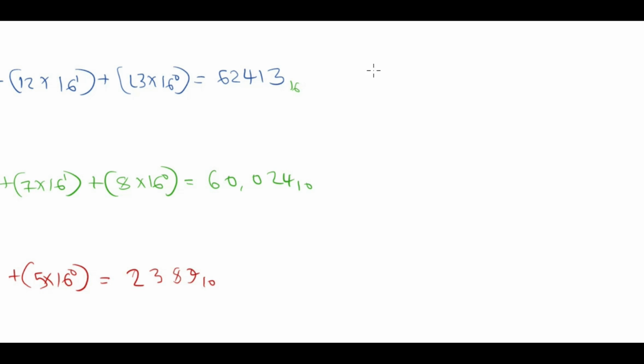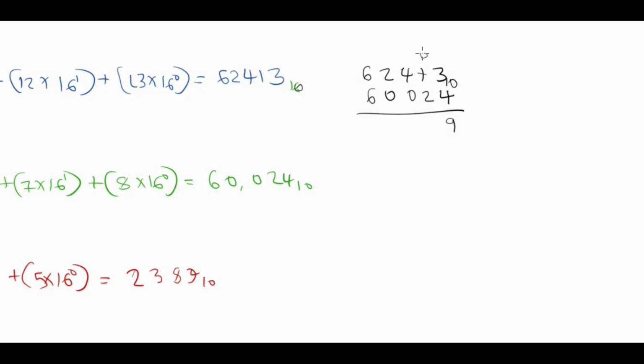You subtract, not adding. 62,413, that is base 10. This is base 10. Subtract 60,024. You'll see what you get. So 3 minus 4, you cannot, you carry 1. 13 minus 4, that is 9.